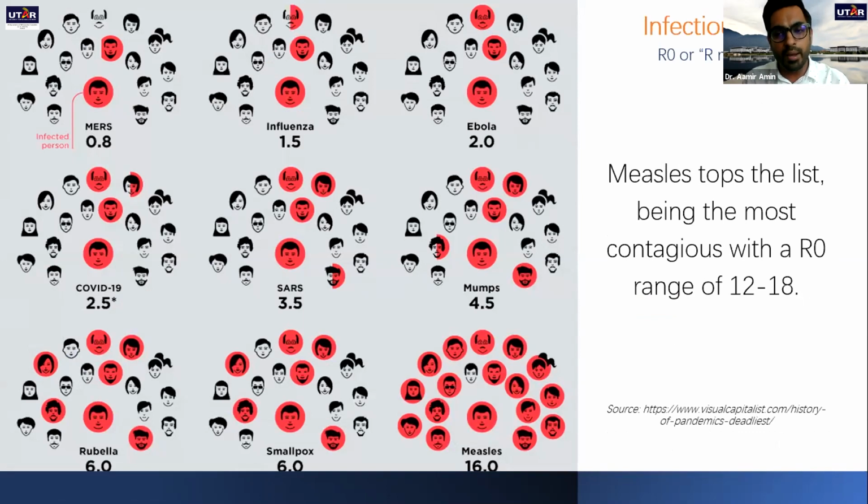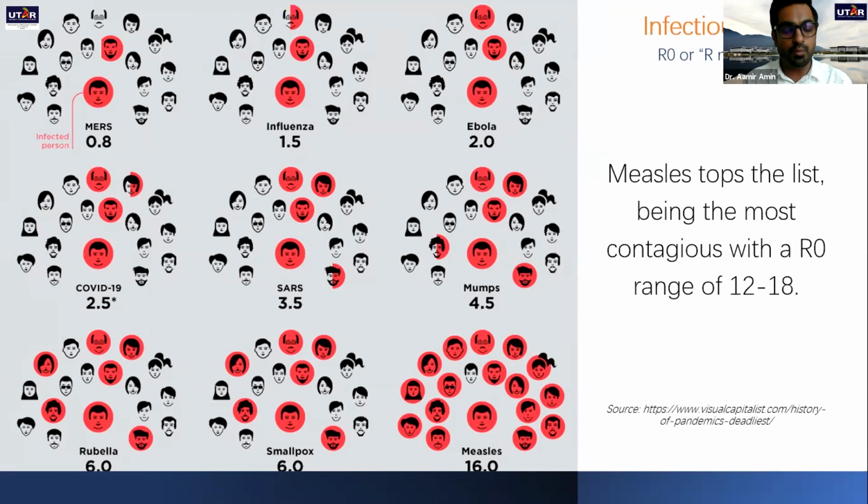Now, the R naught value told us that measles tops the list. It has the capacity to infect about 16 more people from one person. Whereas COVID, until now, has an R naught value of 2.5. That means one person can infect another 2.5 people.